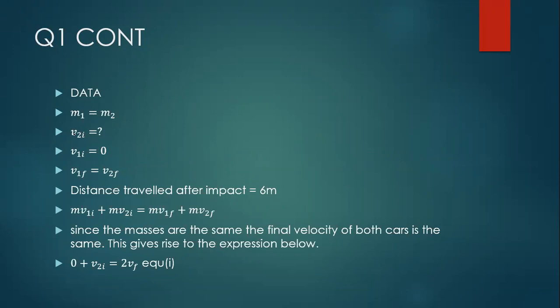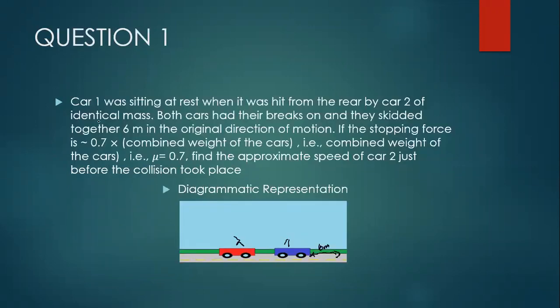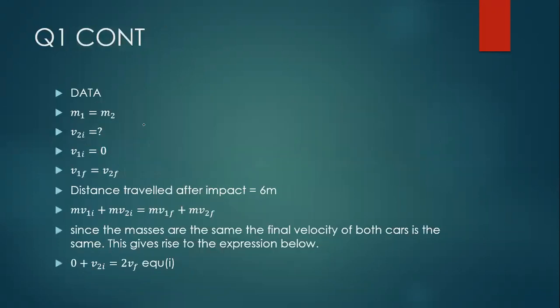We have even been told that the two cars are of identical mass. So once they have told us that the two cars are of identical mass, we know that mass 1 and mass 2 are equal.